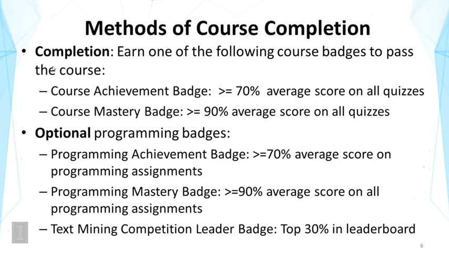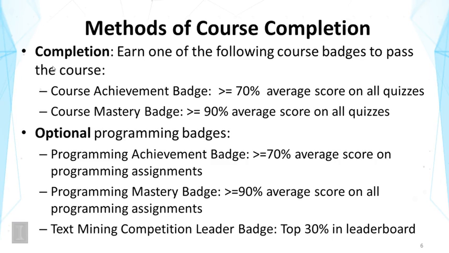There are also 3 optional programming badges. I said earlier that we encourage you to do programming assignments, but they are not required. The first is the programming achievement badge. This is similar to the course achievement badge. Here we require you to get at least 70% average score on programming assignments.